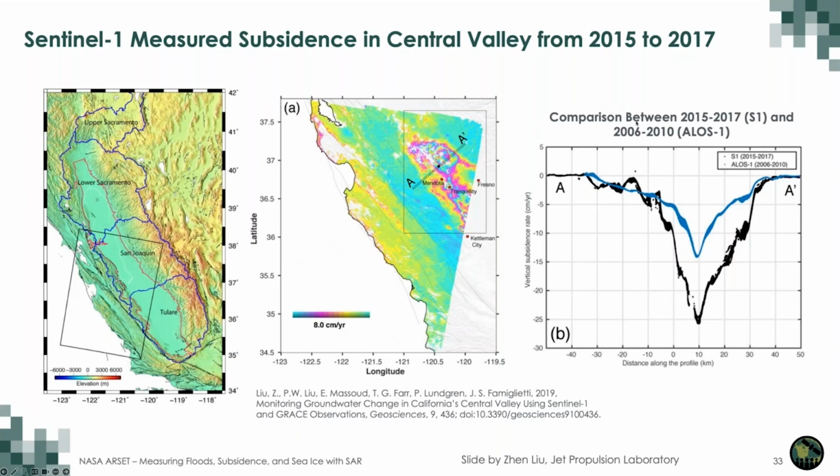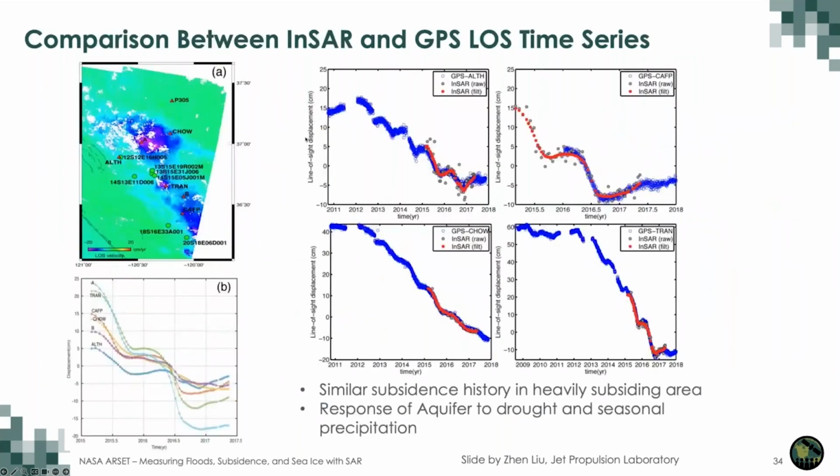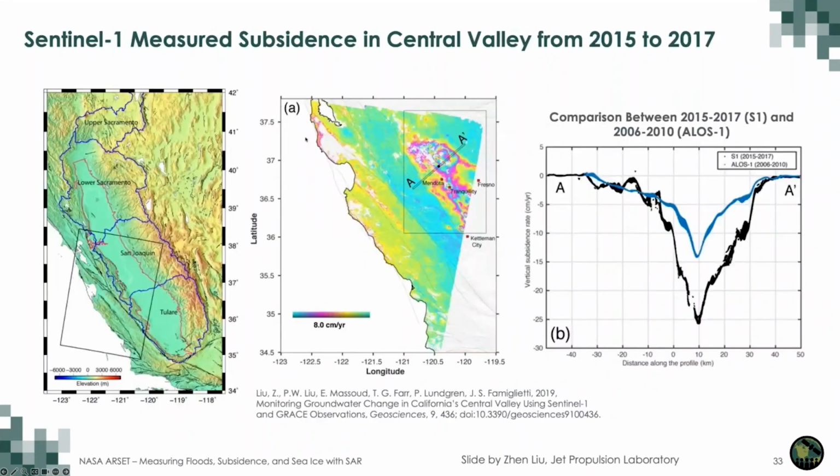So this is a comparison on the right here between the 2015-2017 Sentinel-1 data and the ALOS-2 data from 2007 to 2010. The pattern is very similar, but the subsidence was actually even faster. These are in rates per year during 2015 to 2017 because we had another drought during those years.